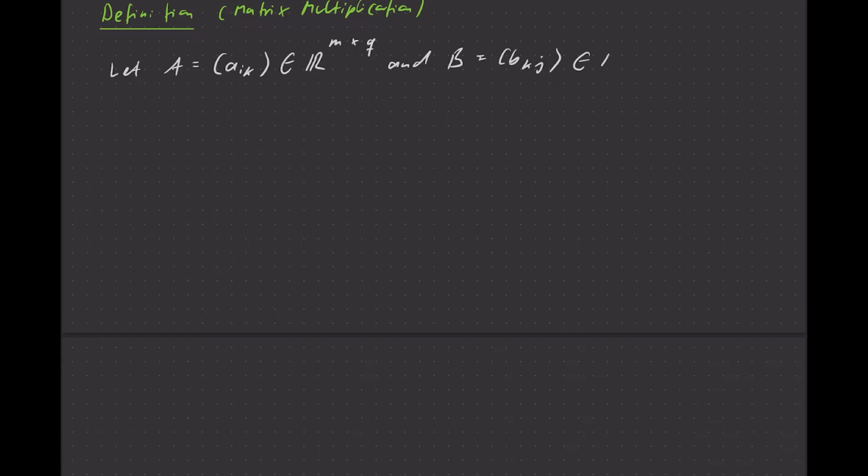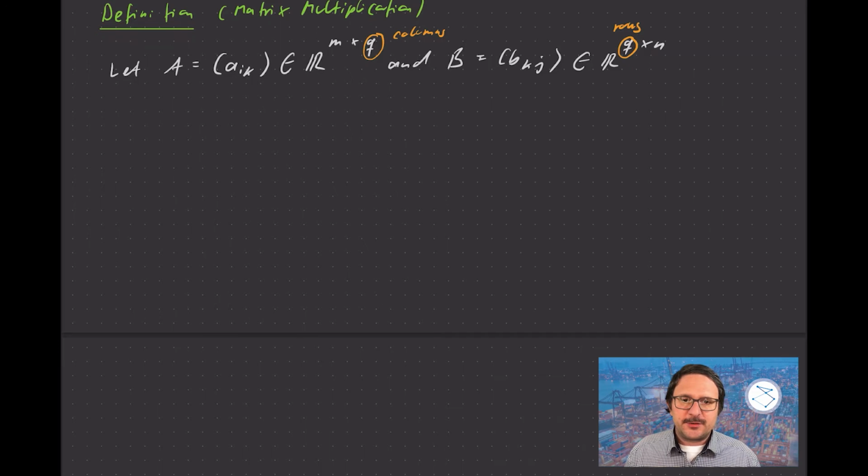And this is a matrix in R to the q by n. And again, you'll notice that there is a q here and also here. So again, the number of columns of A, the first matrix, as before, and the number of rows of B will have to agree.